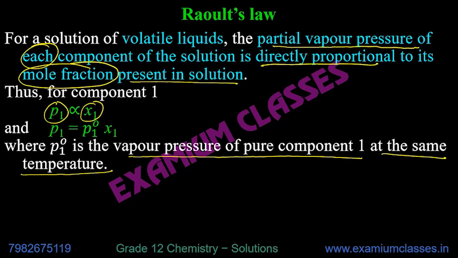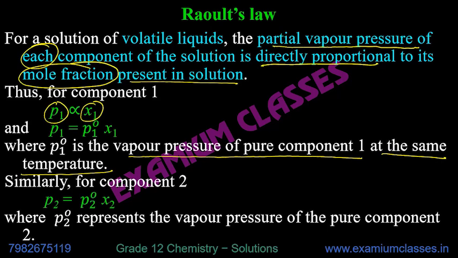Similarly for component 2, P2 equals P2 naught X2, where P2 naught is a constant in this particular relationship, and it is the vapor pressure of pure component 2.